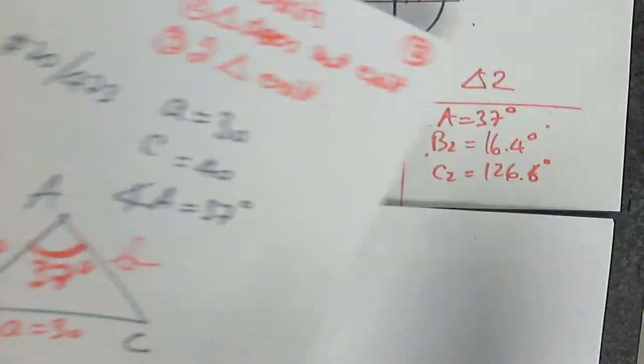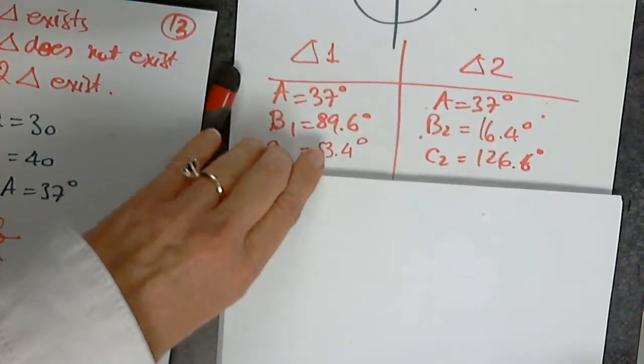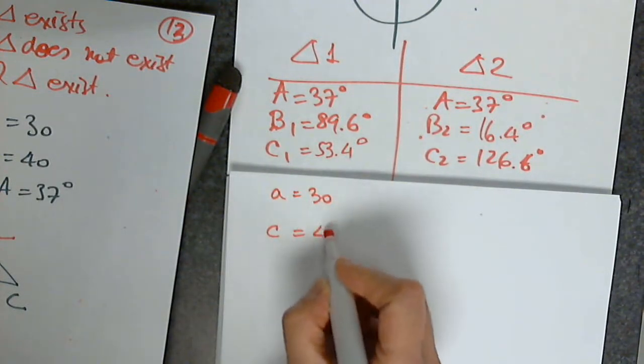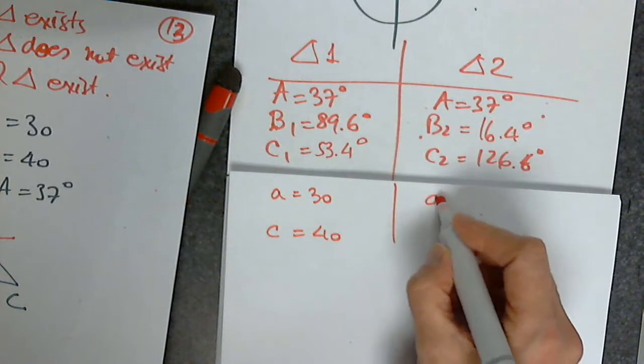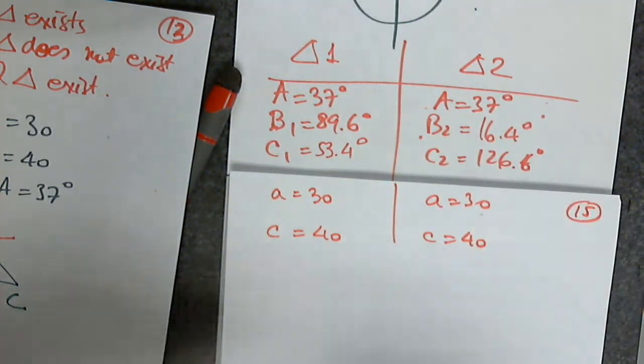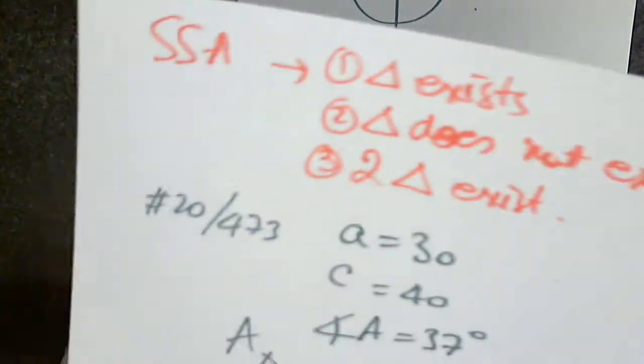So A and C are fixed. I can't change those. Little a is 30, little c is 40 in both. No one can change that. But now I have to determine lowercase b.